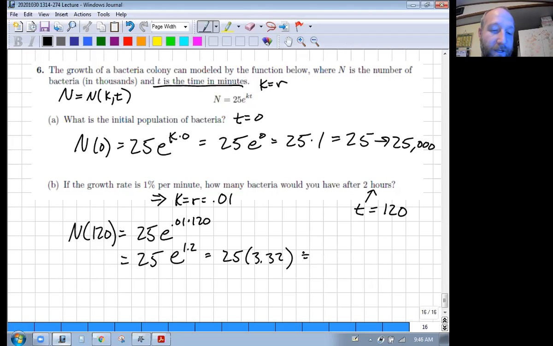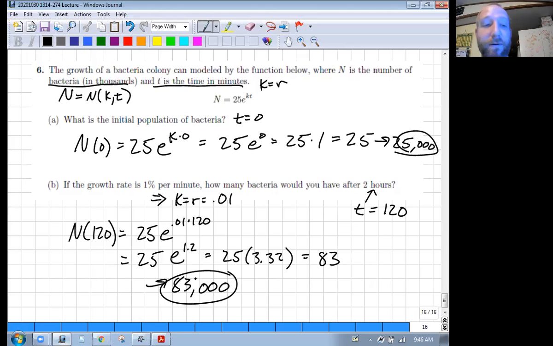I multiply that by 25, and I get 83. So that means 83,000 bacteria, in thousands. So after only 2 hours, the bacteria has gone from 25,000 to 83,000.